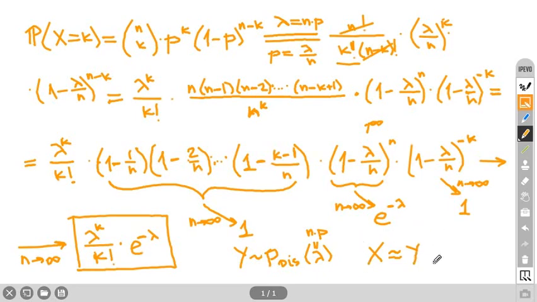Later we will talk about convergence, or closeness of one random variable to another one, if n is large and p small. Okay, this much about the proof of that approximation.